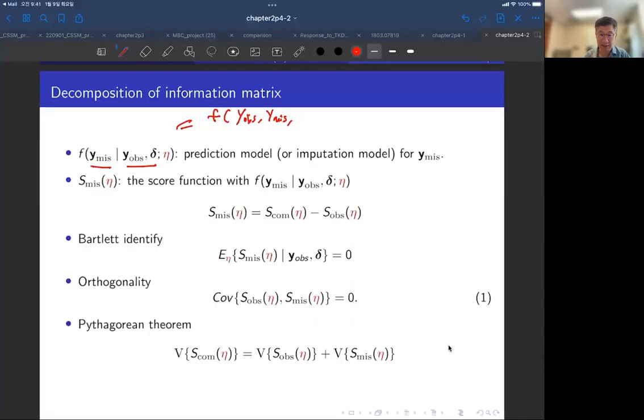Okay, so this is conditional, and then we need the joint divided by the marginal, right?